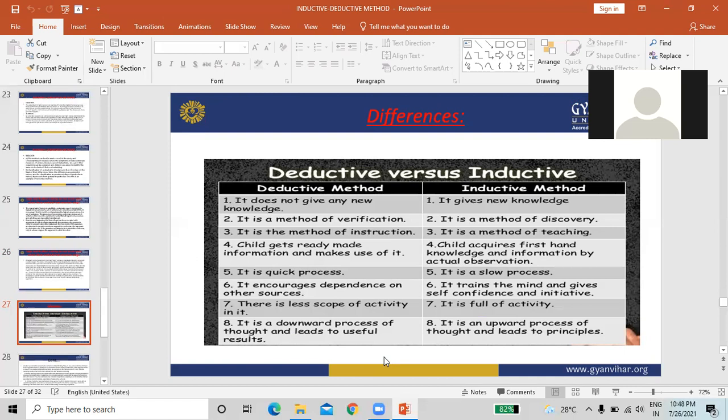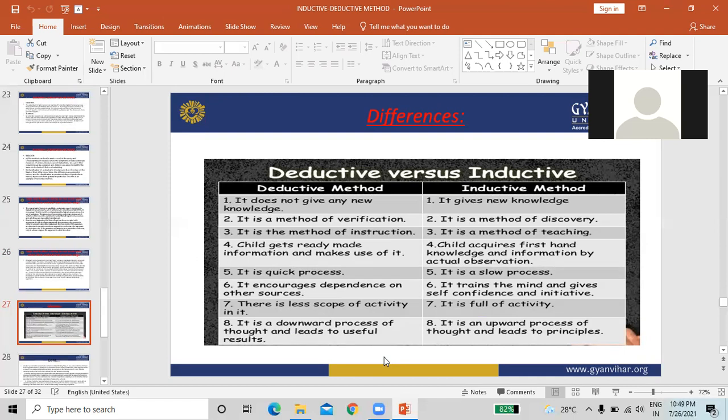In the deductive method, children get ready-made information and make use of it. In the inductive method, children acquire first-hand knowledge and information by actual observation.